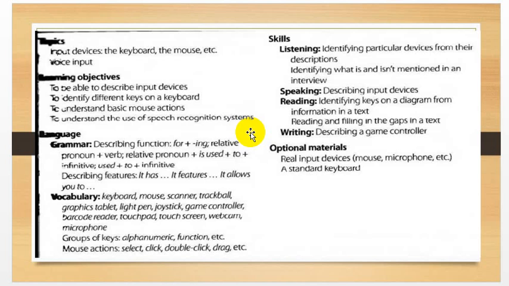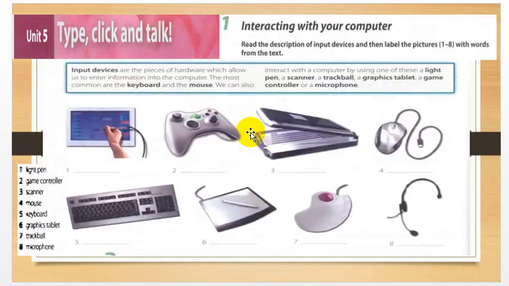And in the writing section, we have describing a game controller, and optional material: read about input devices, mouse, microphone, etc. Standard keyboard.